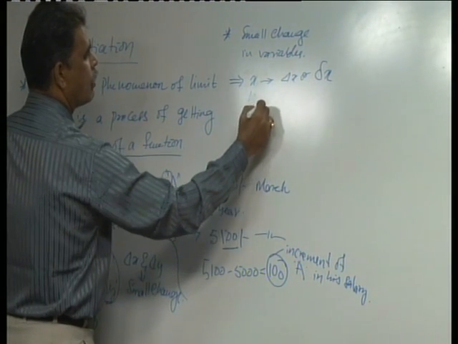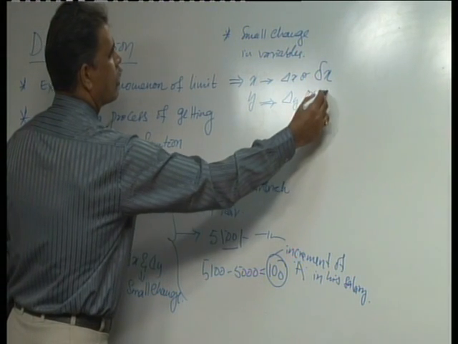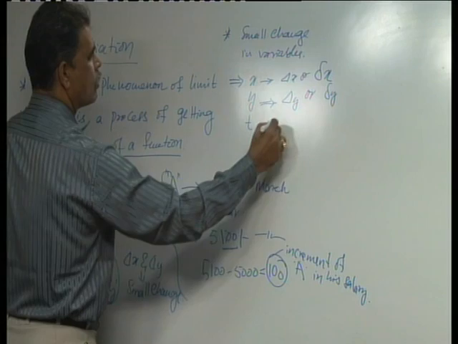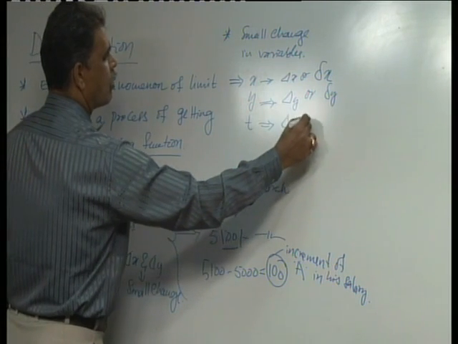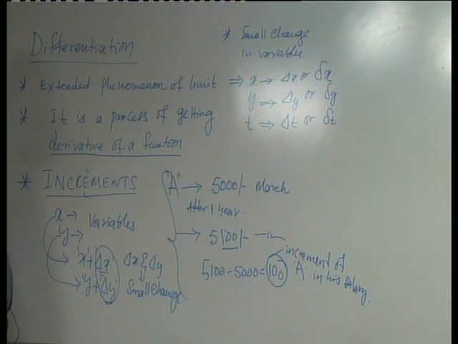For y we can write it as delta y, or small delta y. In case of t we can use delta t. This is known as increment. So, remember, increment is a small change in a given variable, that is called as a increment.